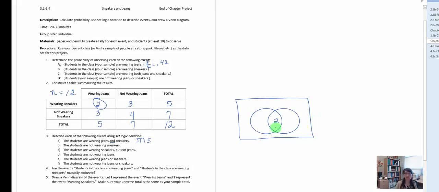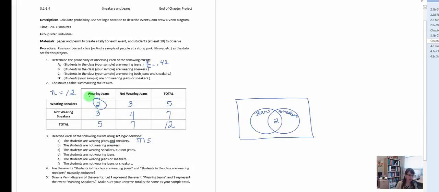Now there's a lot missing from this Venn diagram. One noticeable item that is missing is I haven't labeled these 2 events. So I need to at least label jeans and sneakers. The other hint that I will give you is that the total for the events and what's left out in the universe needs to match the number of students or number of people that you have included in your project.